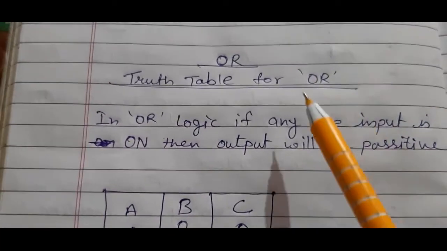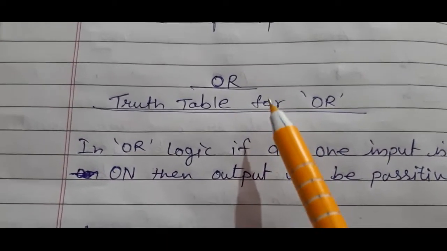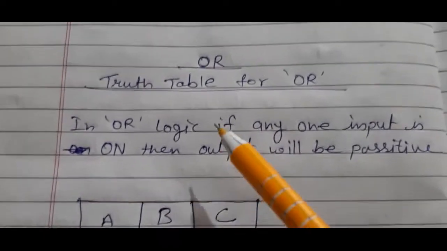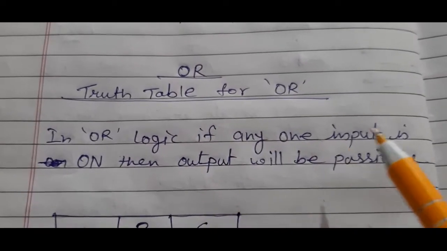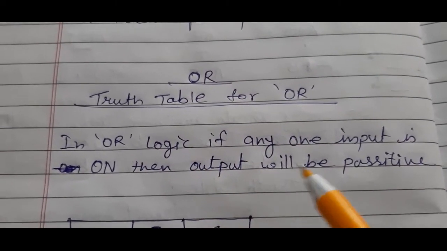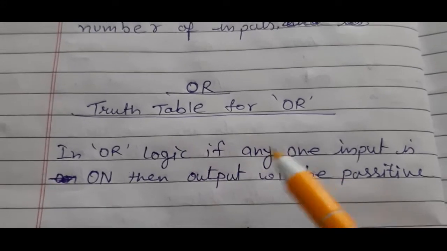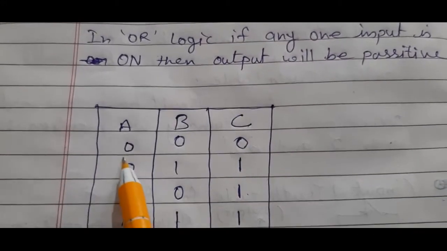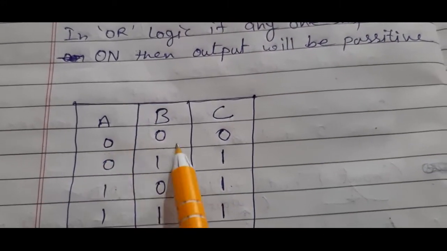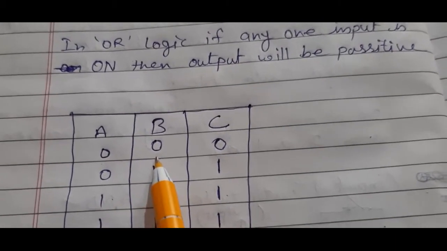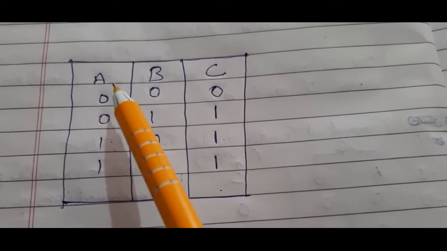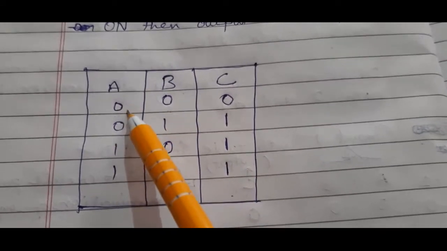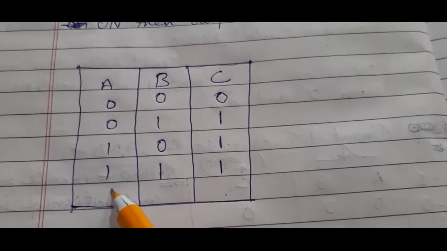Then OR logic. Here we will see the truth table for OR logic. In OR logic, if any one input is on, then the output will be positive, means this or that. If any one is on, the output will be positive. Let's see here, I have taken the same A and B, the 2 inputs, and the 4 possible combinations.